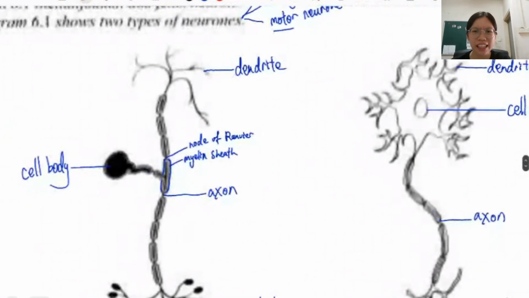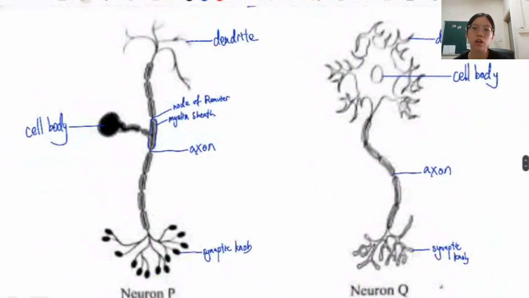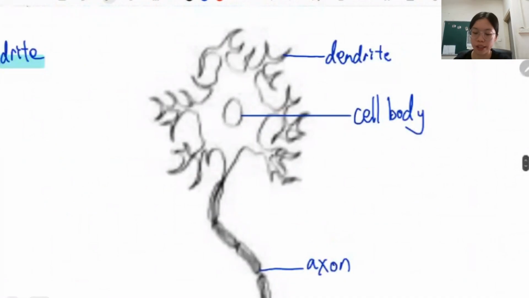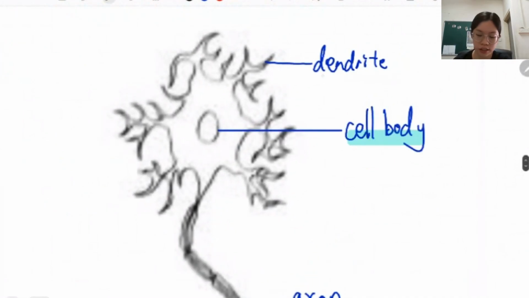So how can you identify them? The most obvious difference is looking at the cell body and whether it is attached to the dendrite. This cell body and the dendrite are in different areas. Meanwhile, this cell body right here is attached to the dendrite.